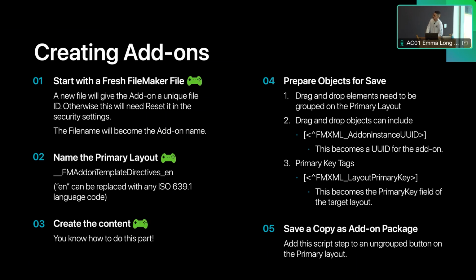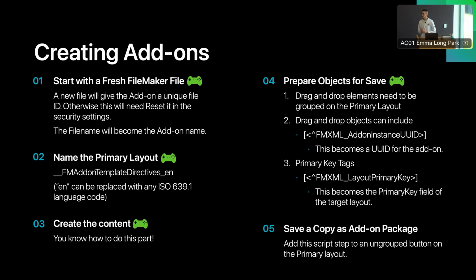And then third, this is the part that you know best, more than me: creating the content, what the add-on is actually going to do, and the behaviors that are going to be built in. That's your scripts, your layouts, your fields, or any of the components within FileMaker that are going to pass through to your add-on so that it is modular.